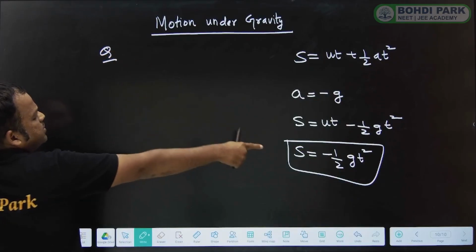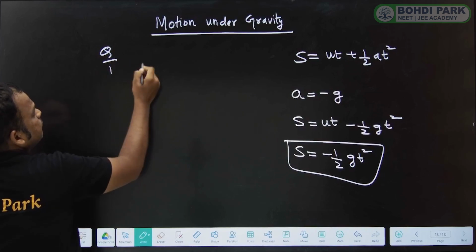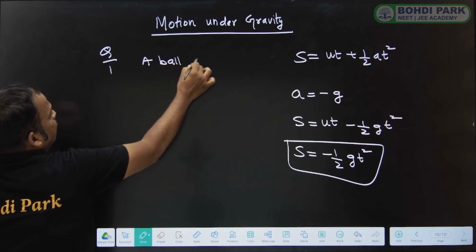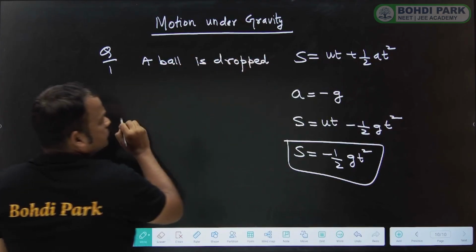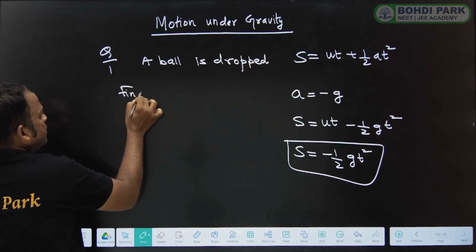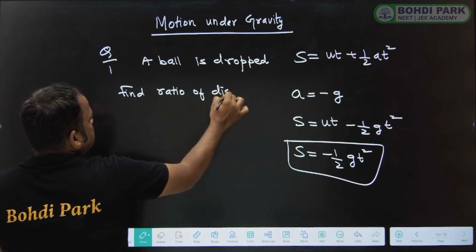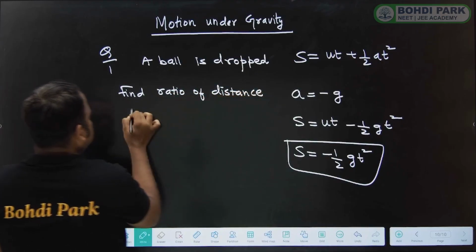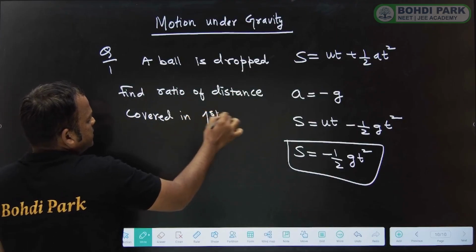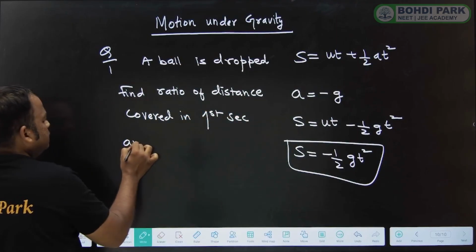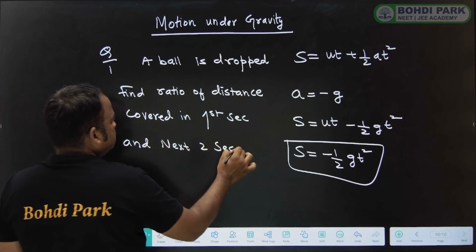Now let's use this in some questions. So the first question says a ball is dropped. Find the ratio of distance covered in the first second and the next 2 seconds.